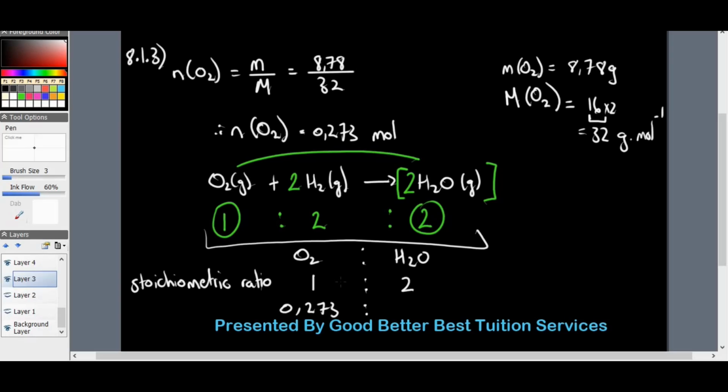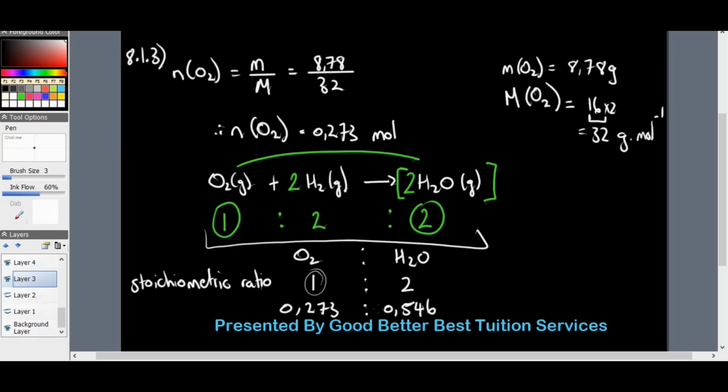So 0.273 divided by this mole ratio, which is 1, times 2 to get it in terms of water. If we punch it on a calculator, this times 2 because it's divisible by 1, we get 0.546. So the number of moles of water is 0.546 in terms of the mole ratio.